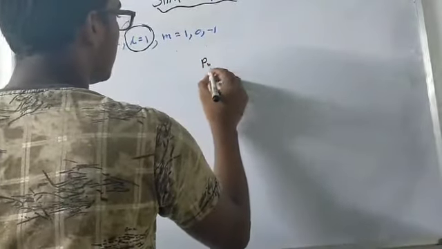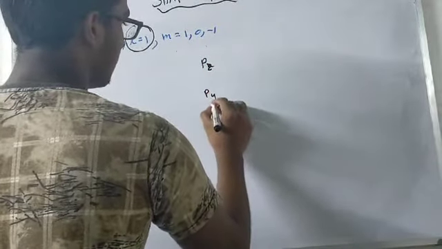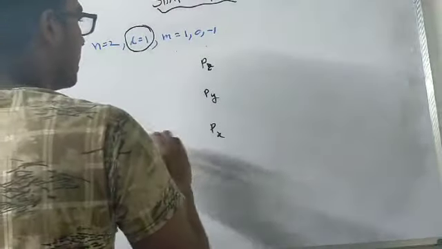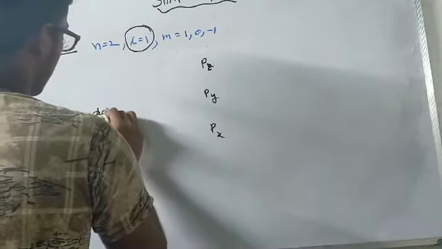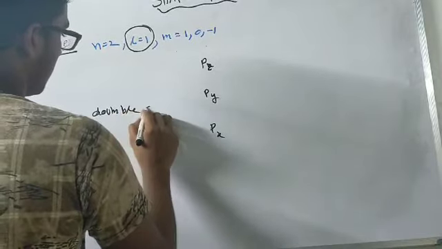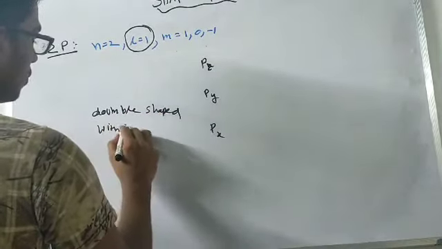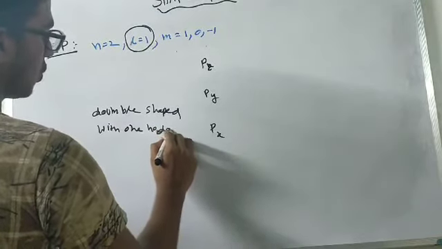For p, there are three types of orbital: pz, py and px. All are dumbbell shaped, with one nodal plane.